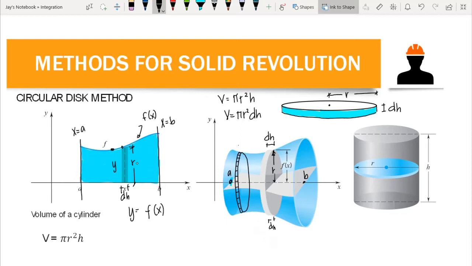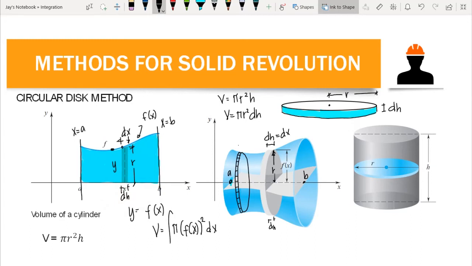So therefore, we can say that our volume is equal to pi, then our r here, that is the y or the function of x, then it gives us function of x squared, and our h here is the derivative of the height, so this gives us the derivative of x, correct, since it is an x-axis. So this one is the derivative of x, so therefore we have dx.